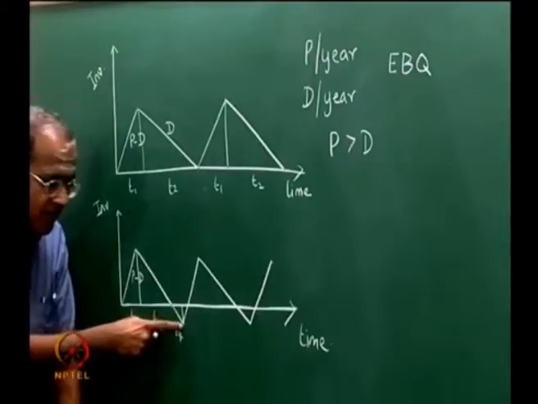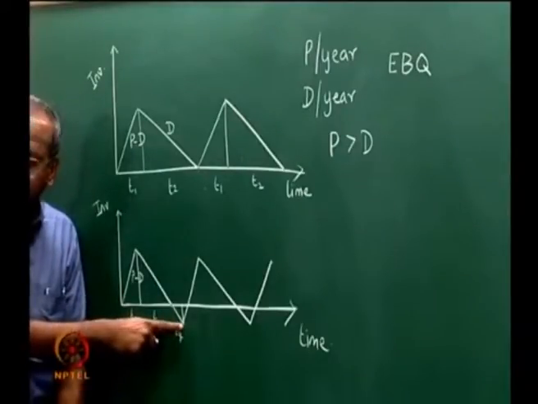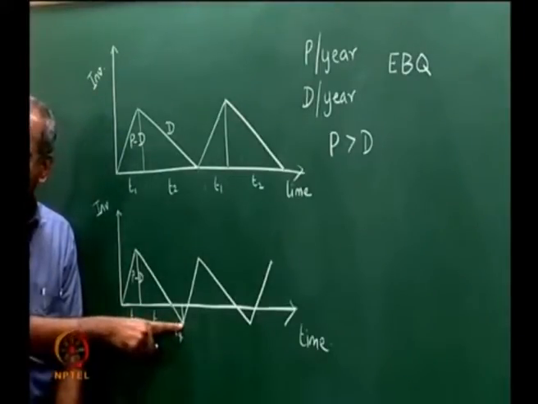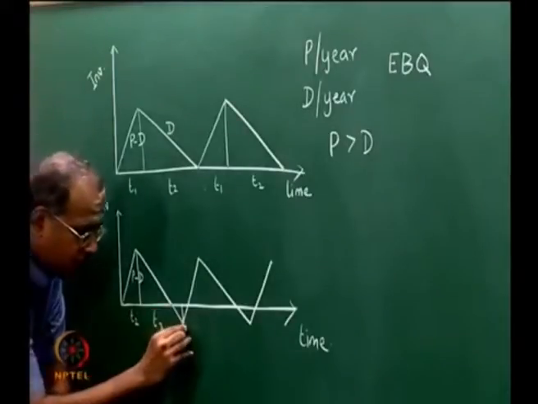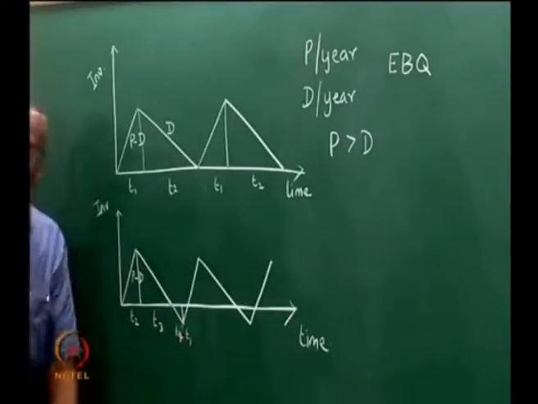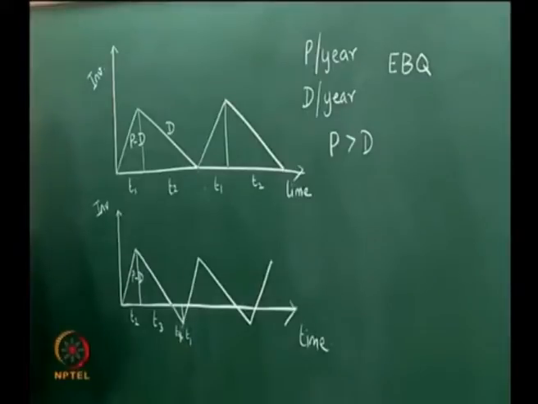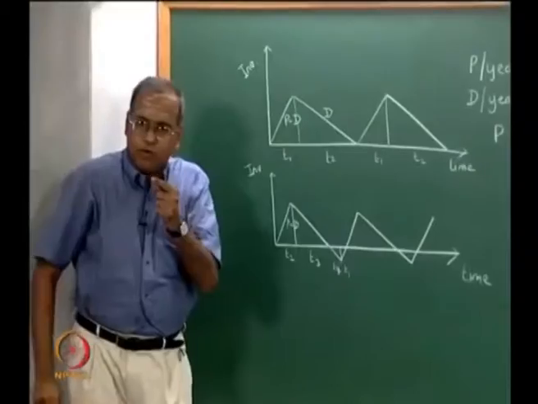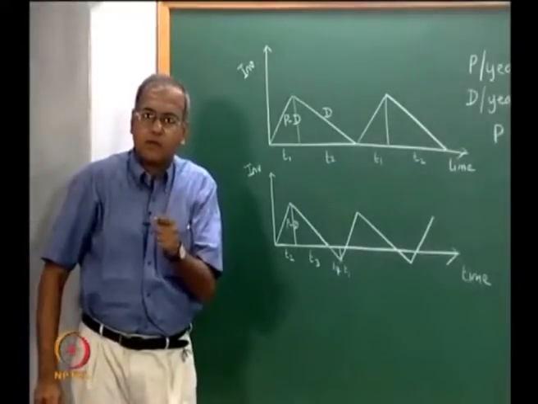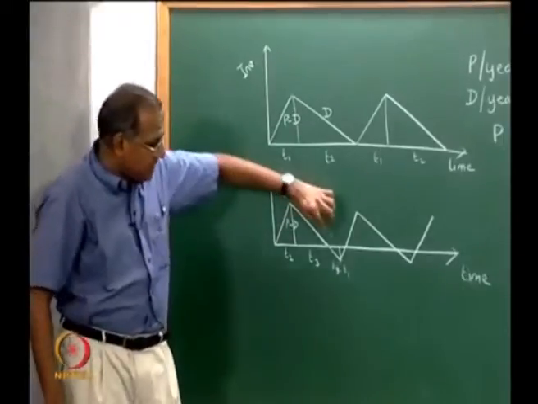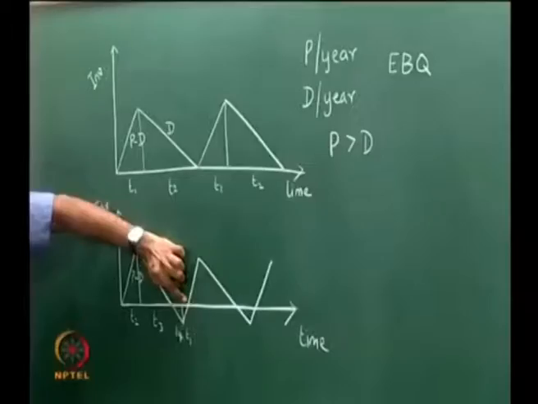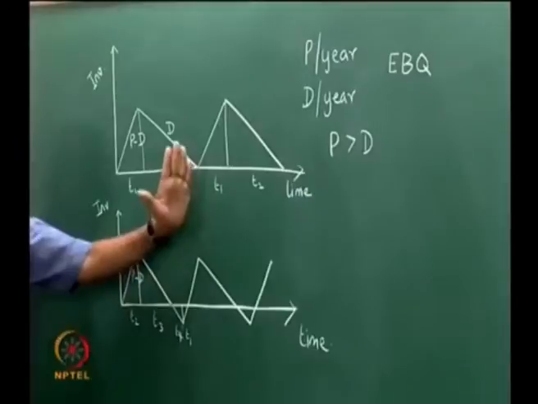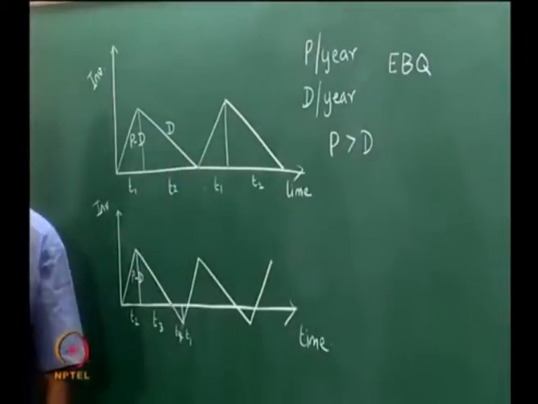And then once a back order is built up here, we start producing here. We produce first for a period T1, produce and consume for T1 and also to meet the back order, and at this point the stock becomes 0. Then there is a positive inventory buildup which goes on.